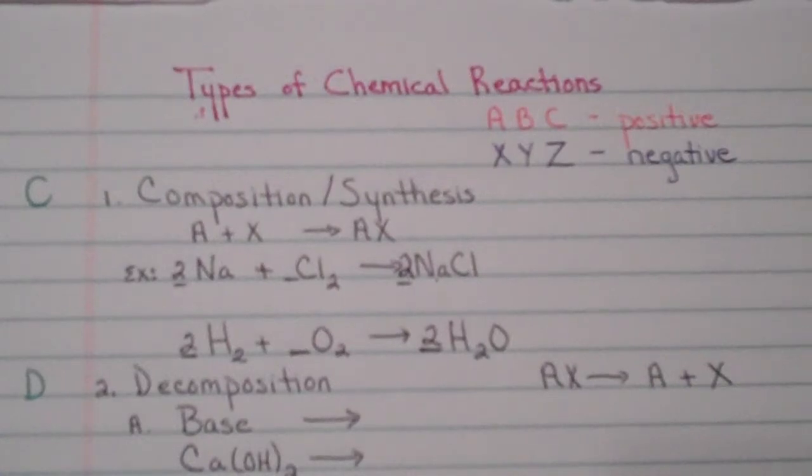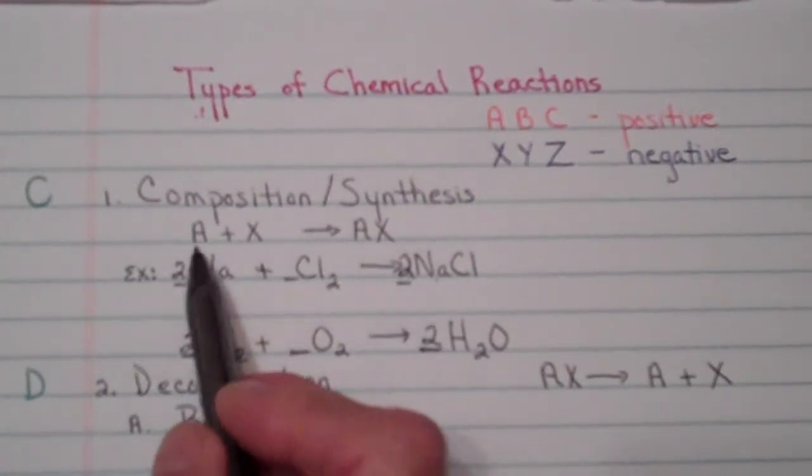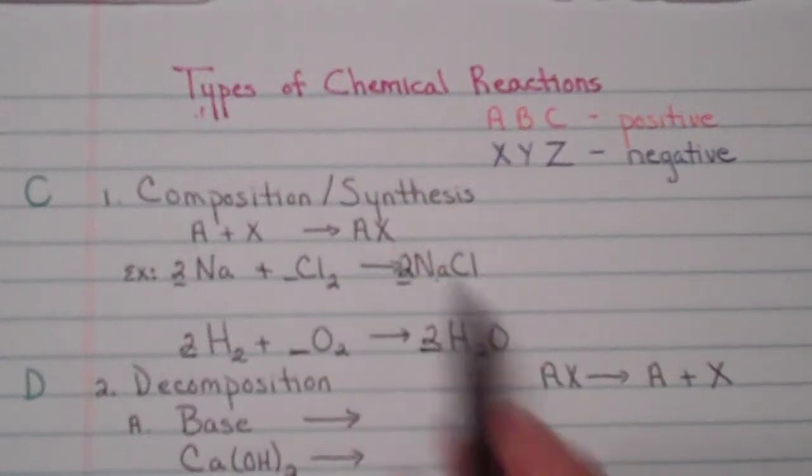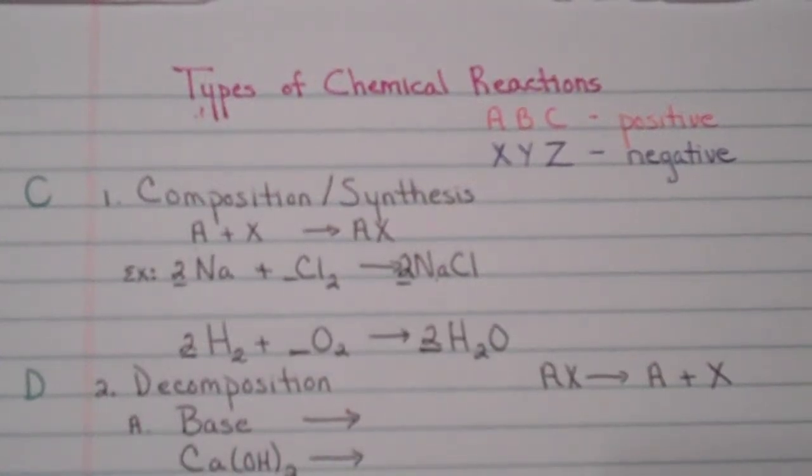We'll come back to these a little bit later, but they fit the format of combining 2 particles to make 1 larger one. You might say a onesie plus a onesie yields a twosie. Let's look at decomposition reactions, a second type of reaction.